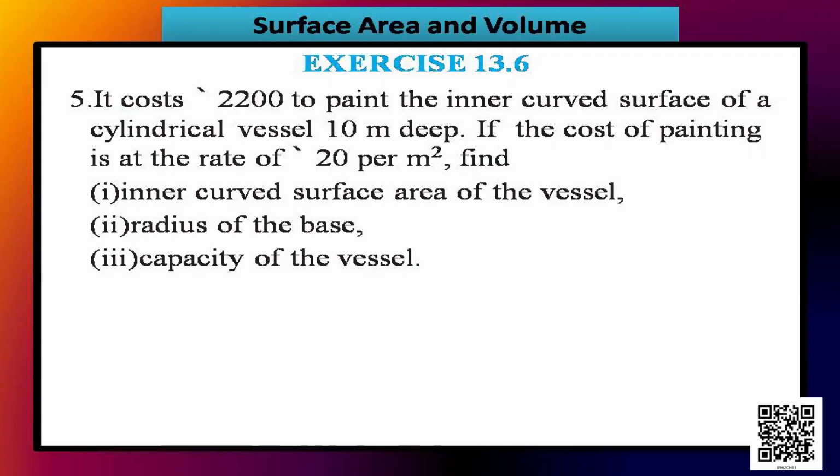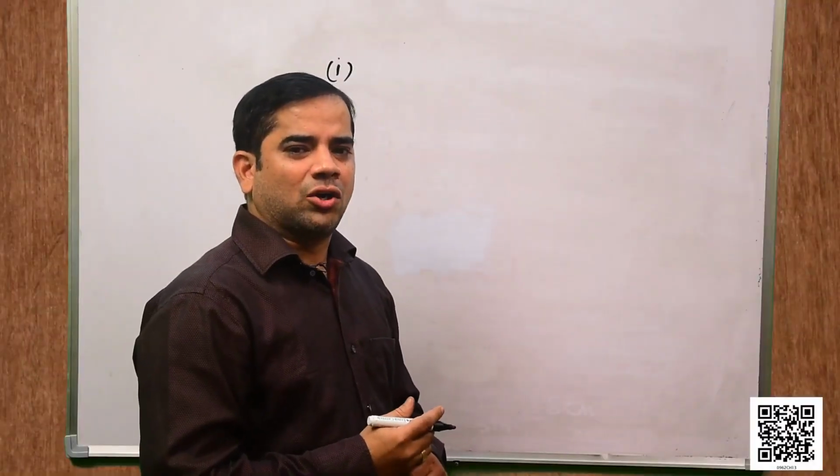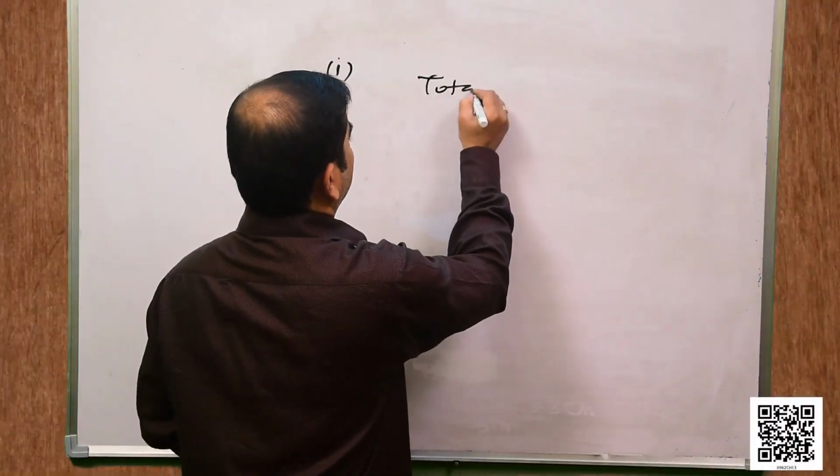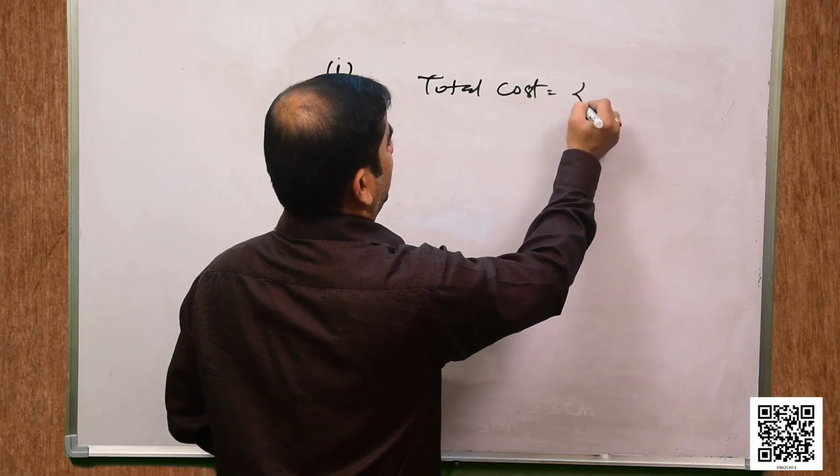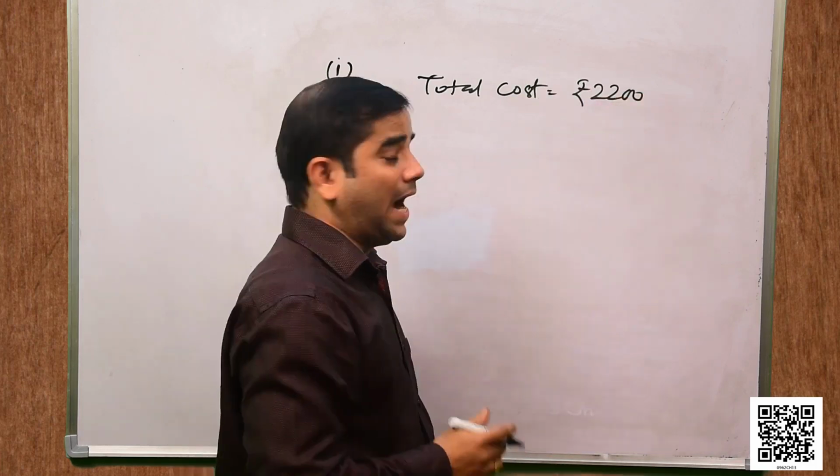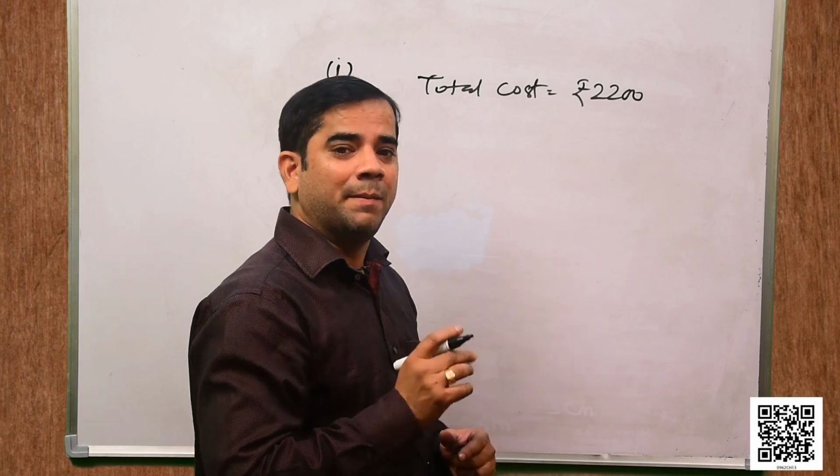It says, it costs rupees 2200 to paint the inner curved surface of a cylindrical vessel 10 meter deep. If the cost of painting is at the rate of rupees 20 per meter square, find the inner curved surface area of the vessel, radius of the base and capacity of the vessel. Let us discuss the solution. Students, the total cost is rupees 2200 and the rate is rupees 20 per meter square.